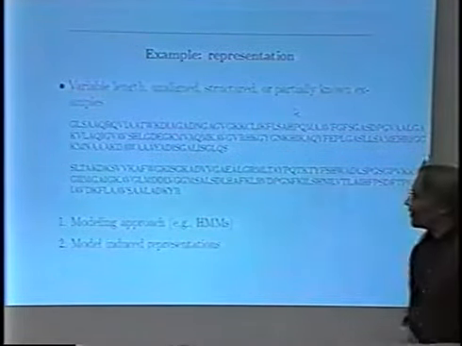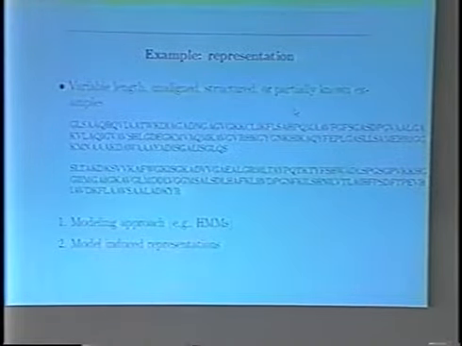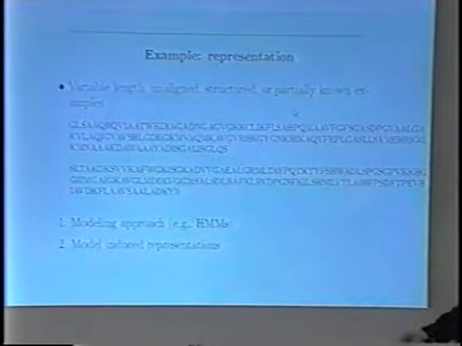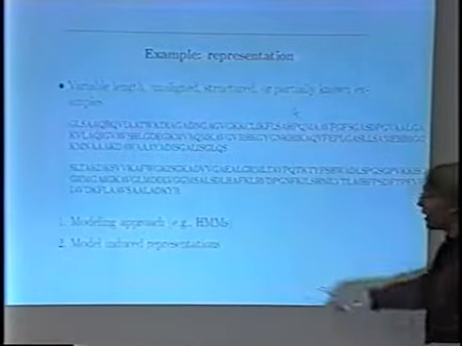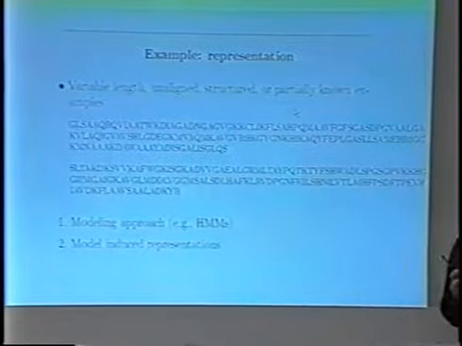Okay, so there are really, as far as I see it, two main approaches to dealing with this representation problem. One is modeling. That is, we construct a density model over these examples, and then how we estimate that density model has to be connected to the discrimination task.